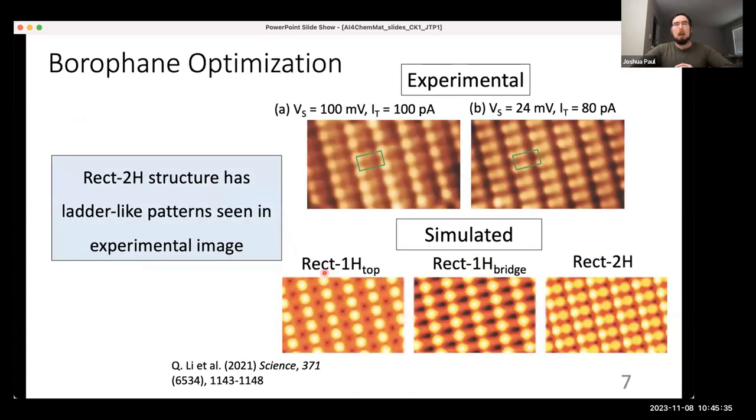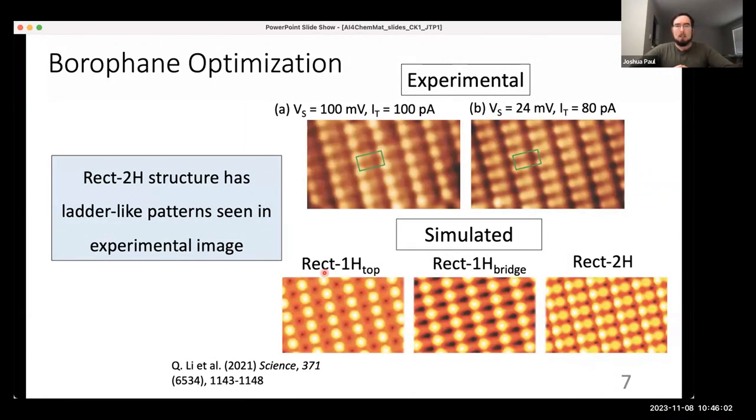This was applied to the borophane system, which is hydrogenated borophene, a 2D material. The experimental collaborators for this project were measuring the surface using STM, but they weren't sure exactly what the underlying structure was, namely where the hydrogen was actually located on this surface, because there were a few possible positions.